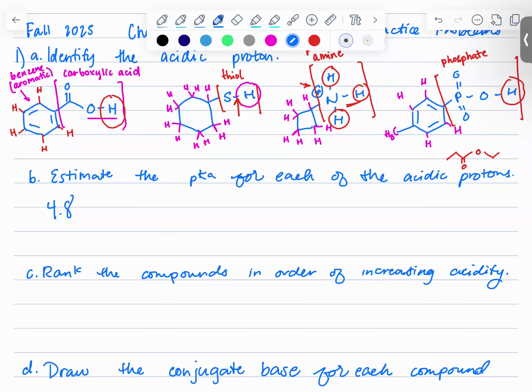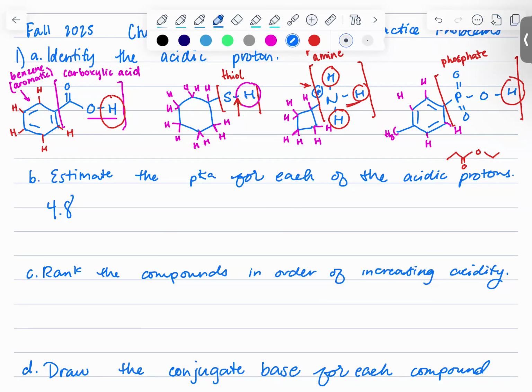So the pKa chart, it does have some full acids drawn out, like sulfuric acid, hydroiodic acid, and there are some other ones on here, but for the most part, it's just general functional groups.